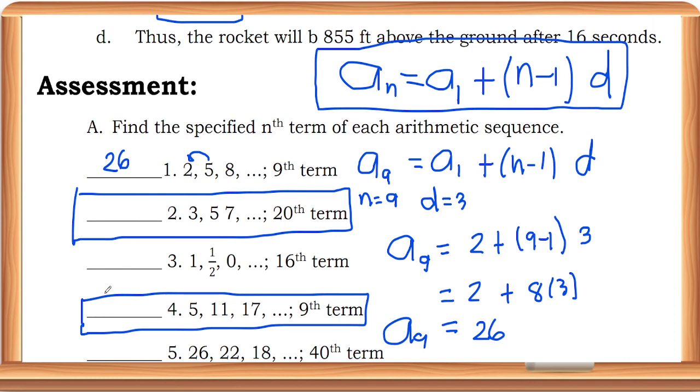Alam mo kung saan ka nagkamali? Yung n minus 1 mo. Ano yung n minus 1 mo? Ulitin mo. Review your answer. Pero tama yung procedure mo. Uy, ang galing ni Xander. Ginamit niya yung blackboard ko. Very good, Xander. You have the right answer.